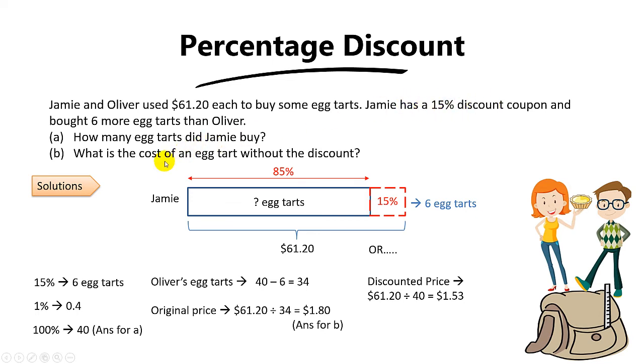So to find the price without discount, you take this price, divide by 85, because 100 minus 15 is 85%. Then times 100, you should get the same answer of $1.80, which is the original price without the discount.